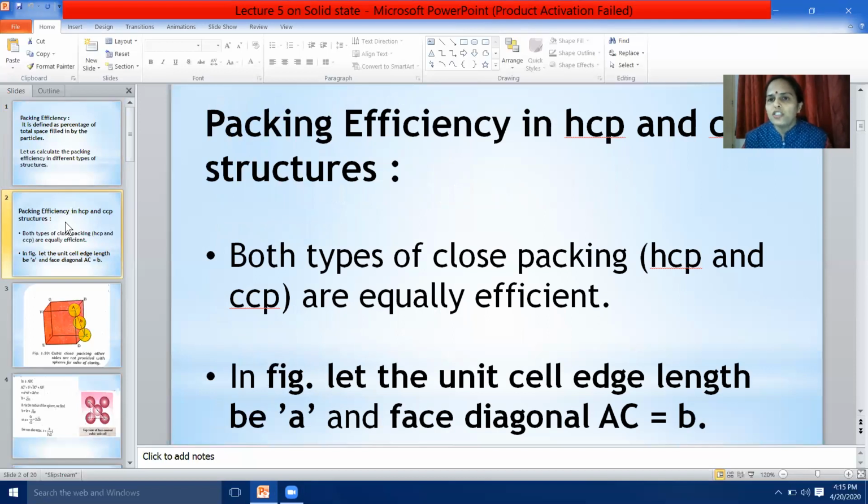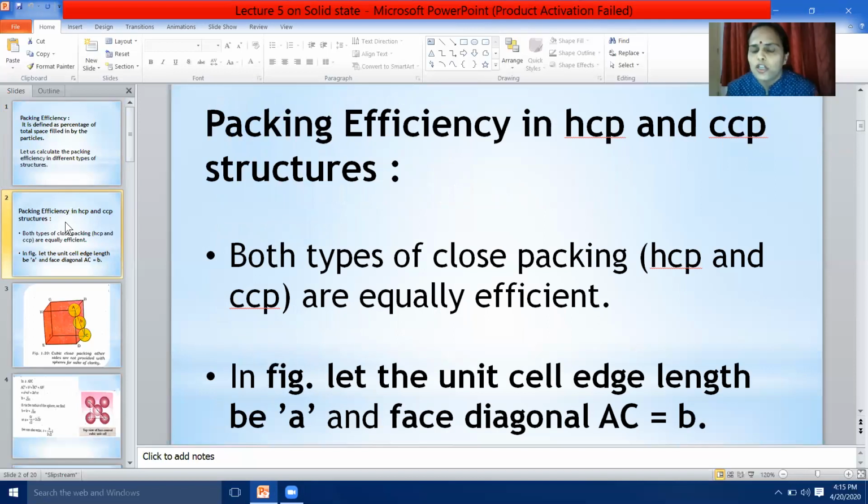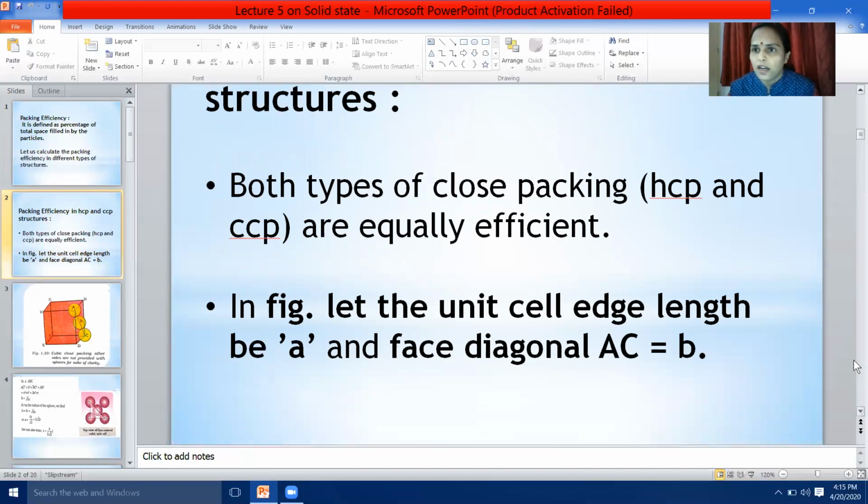Packing efficiency in HCP and CCP structures: both types of close packing, HCP and CCP, are equally efficient, as I said. Let us look at the figure. The unit cell edge length is a and the face diagonal AC equals b.